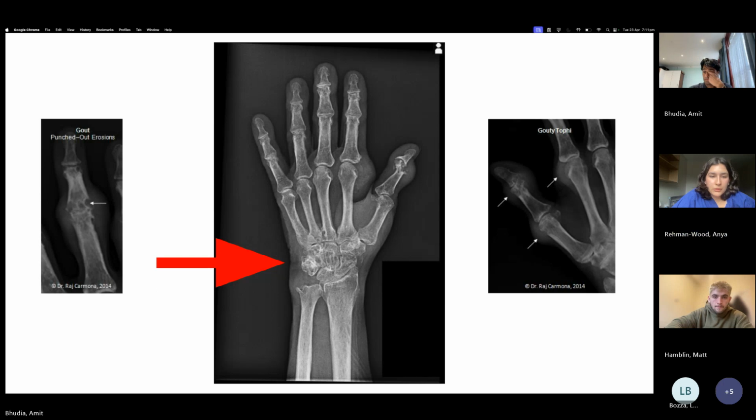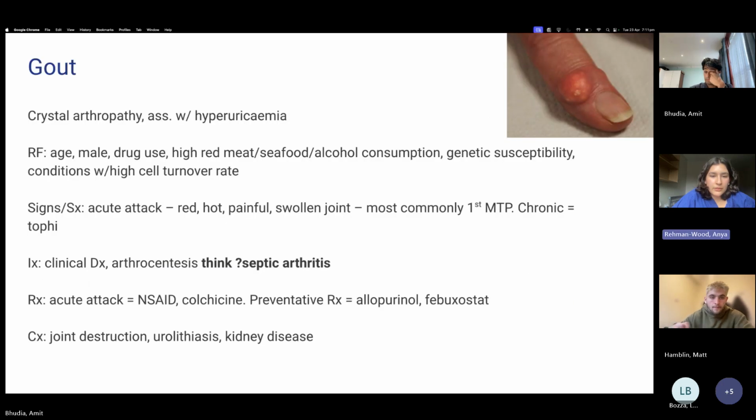Okay, should we move on? So gout is a crystal arthropathy associated with having high levels of uric acid. Some of the risk factors are being older, male, certain medications, having a lot of red meat, alcohol, and conditions with a high cell turnover rate, like hematological malignancies, myeloproliferative disorders.